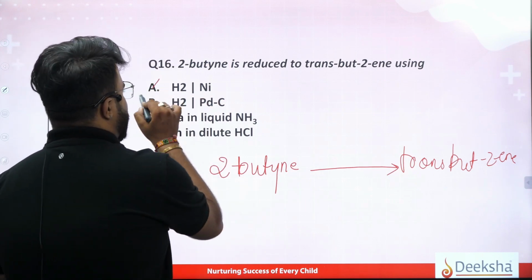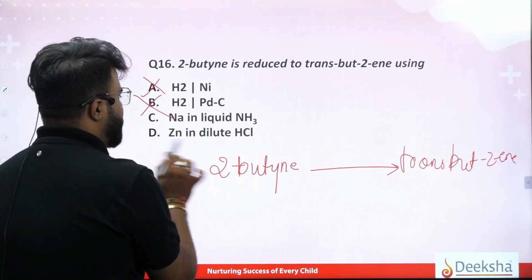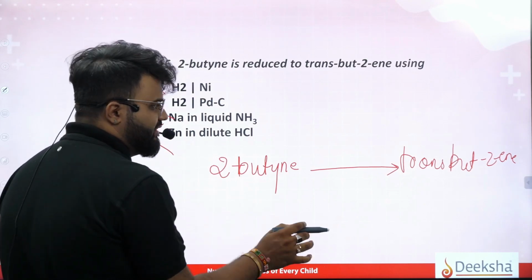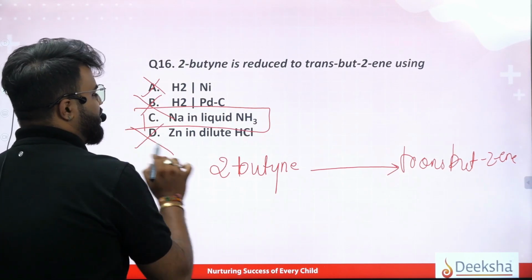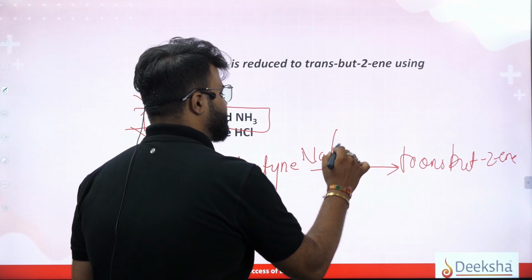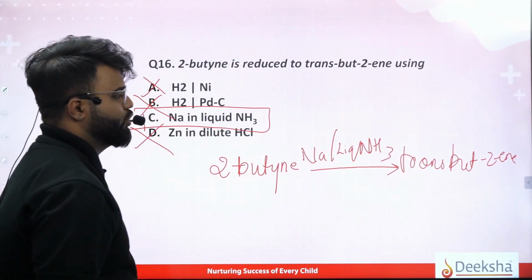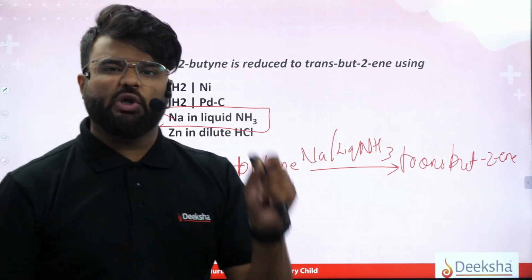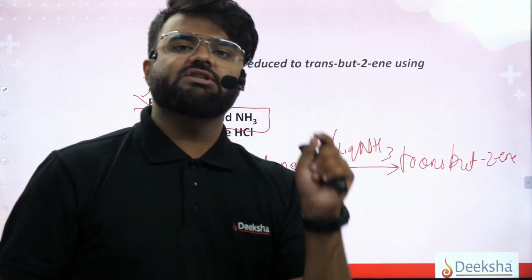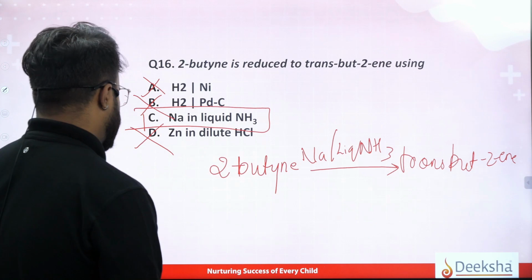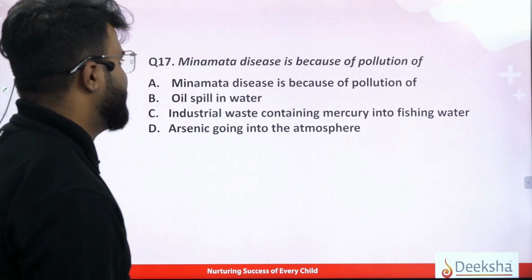We are not using hydrogen and nickel, hydrogen and palladium catalyst, or zinc and dilute HCl. We are using sodium in liquid ammonia, which will reduce it to trans-2-butene. Okay. Next, question number 17.